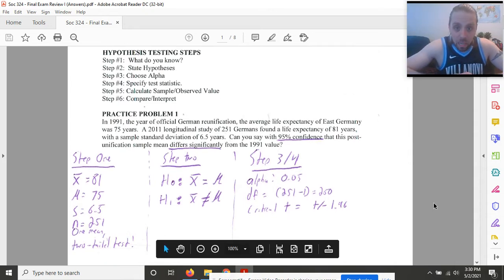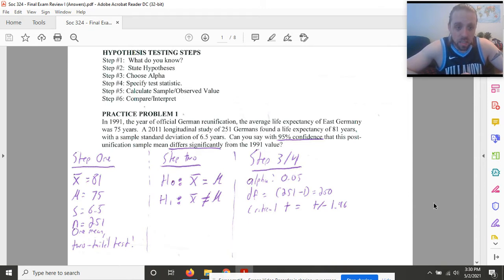So step 1, what do we know? Well, x bar is 81, mu is 75. Mu in this case is the predetermined value we are comparing to. S is 6.5 years. That's the sample standard deviation. N is 251 Germans, and it's a 1 mean two-tailed test. How do I know it's a two-tailed test? Well, I am asked that this post-unification sample mean differs significantly from the 1991 value.